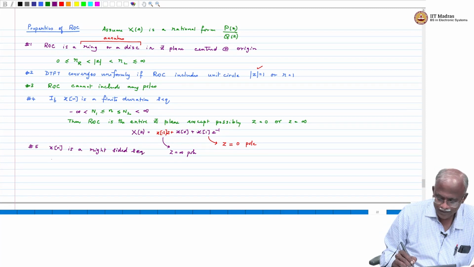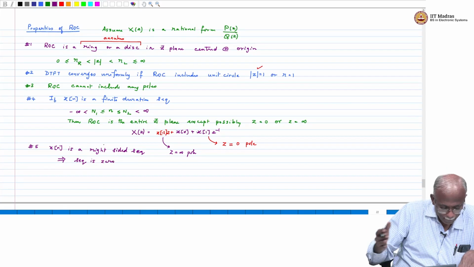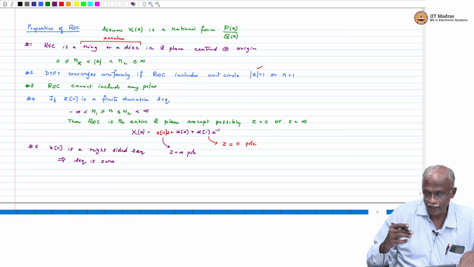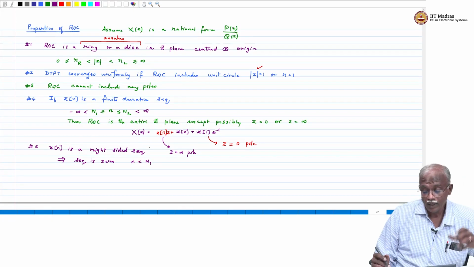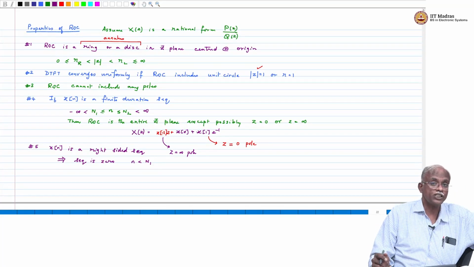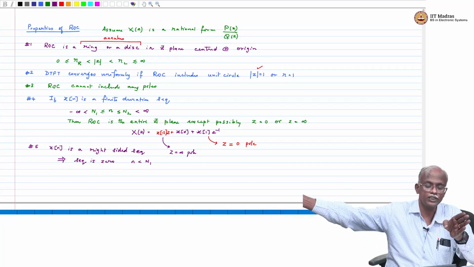This means that the sequence is identically equal to 0 below some integer limit, in the region n less than n1. In this region, the sequence is identically 0. That means it is non-zero starting at some point and then going towards infinity.